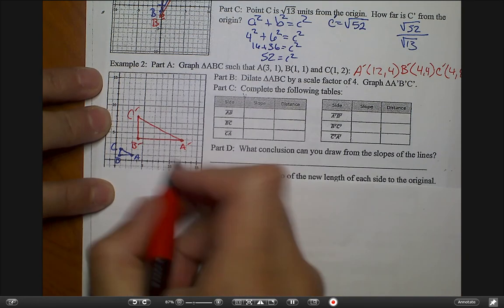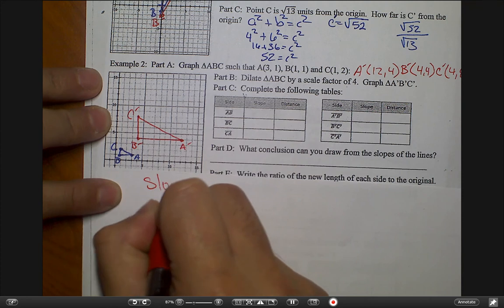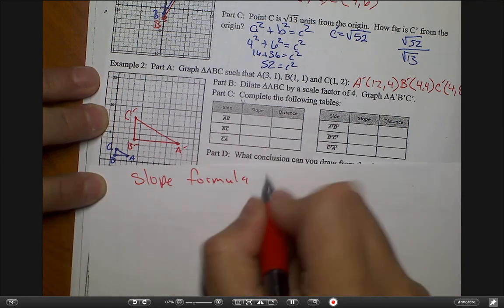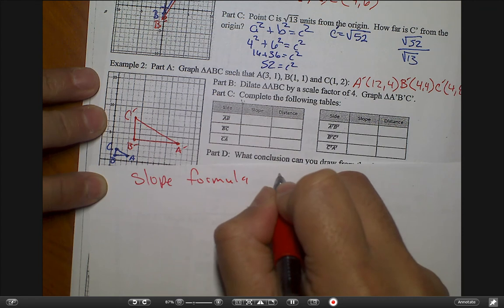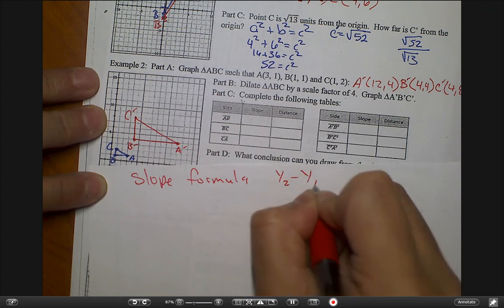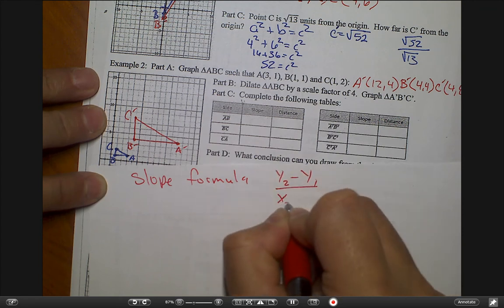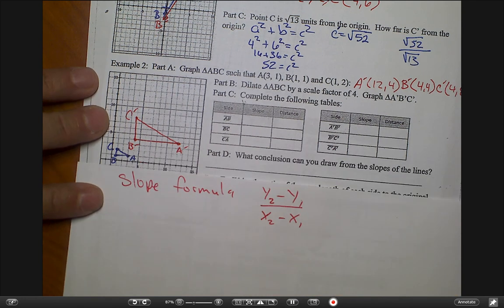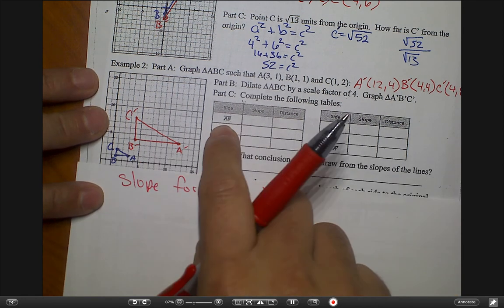So the slope formula is going to be y2 minus y1 over x2 minus x1. Okay, so now we're doing AB here.